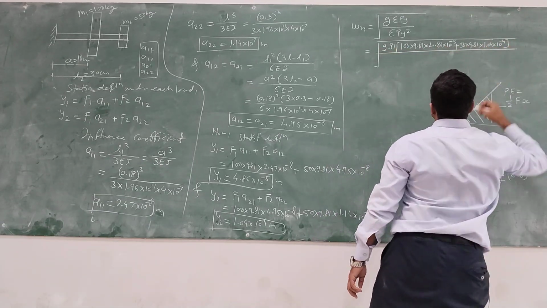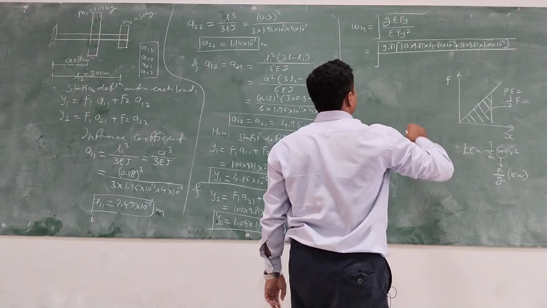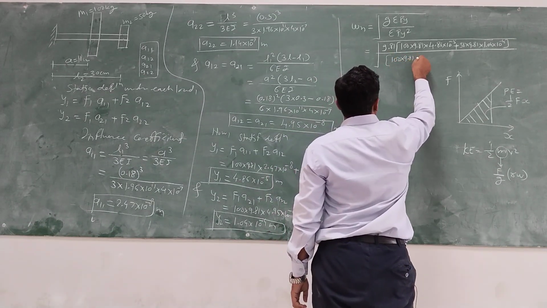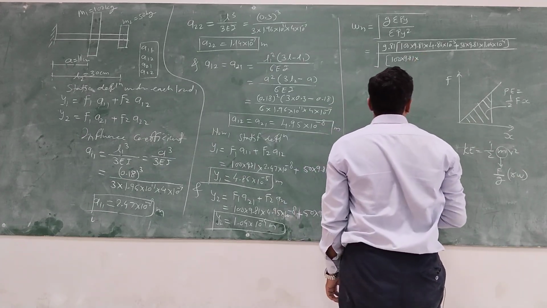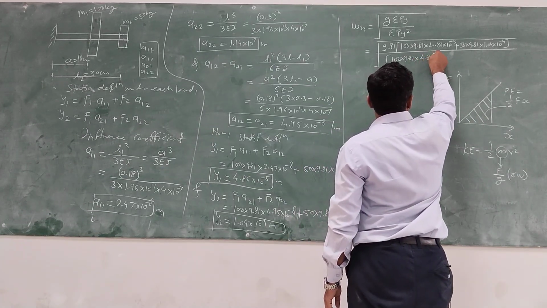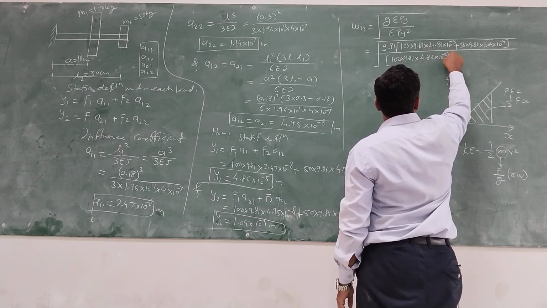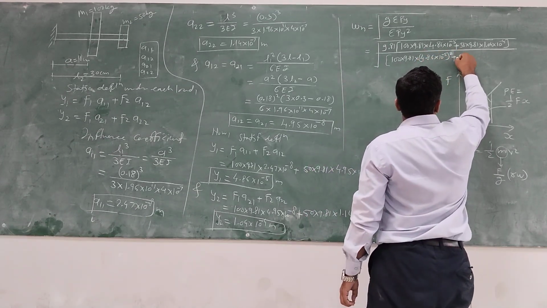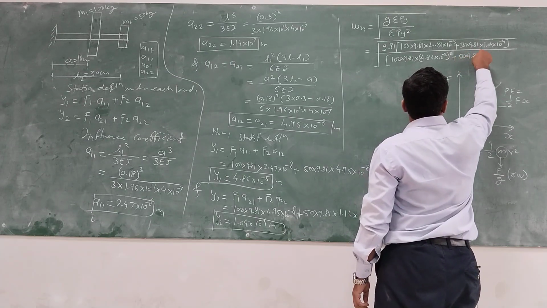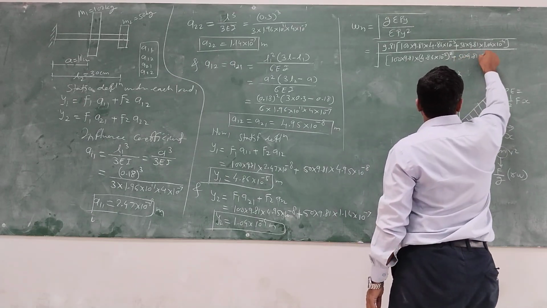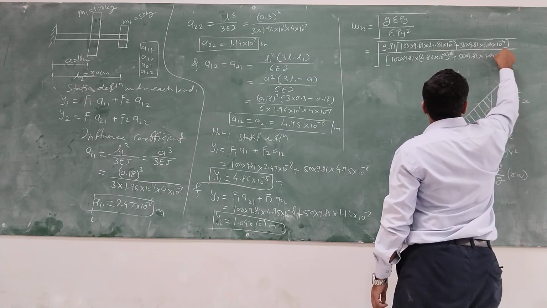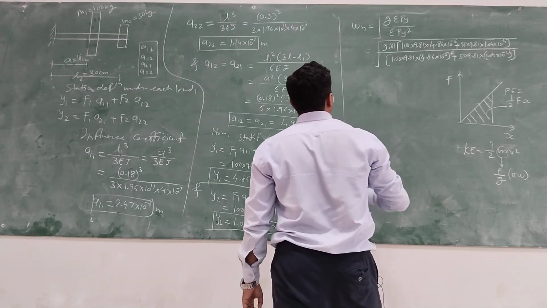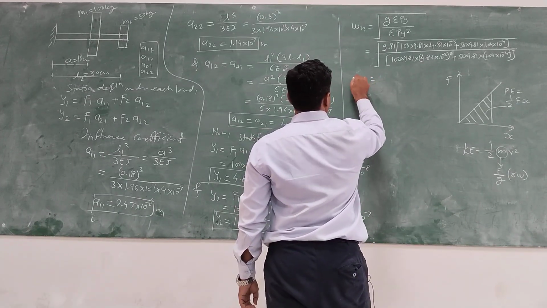divided by summation Py square, 100 into 9.81 into y1, 4.86 into 10 raised to minus 5 square plus 50 into 9.81 into y2, 1.04 into 10 raised to minus 4 bracket square. Solve this one.